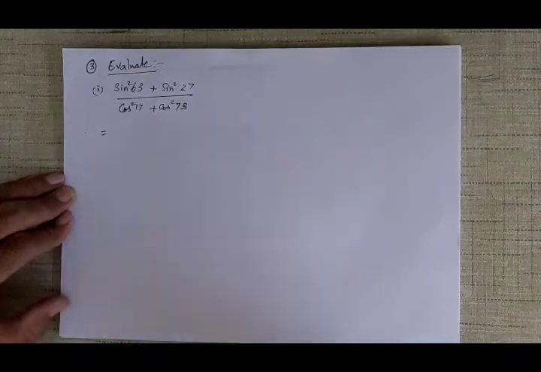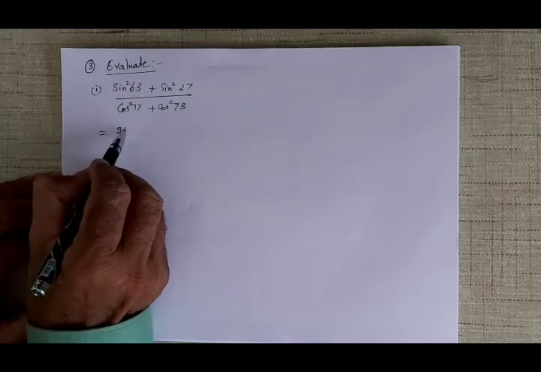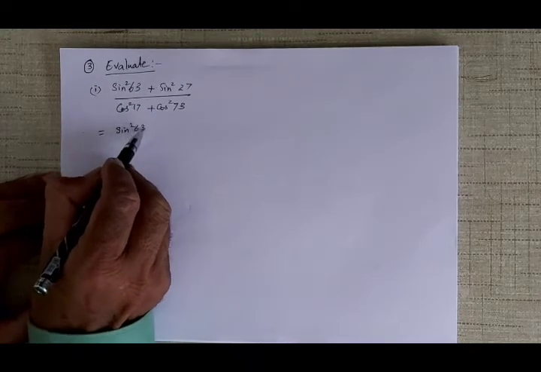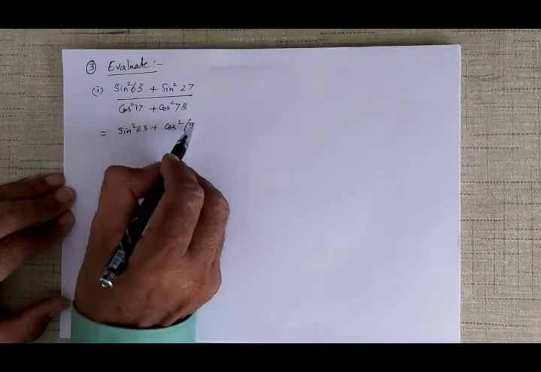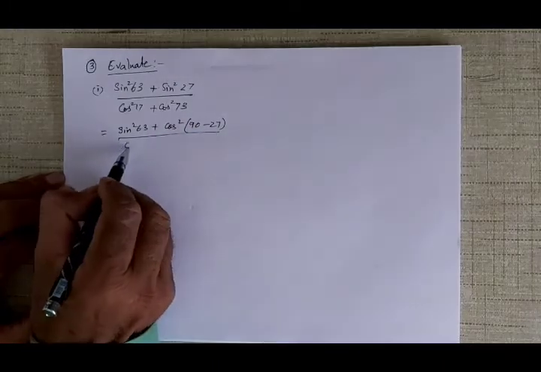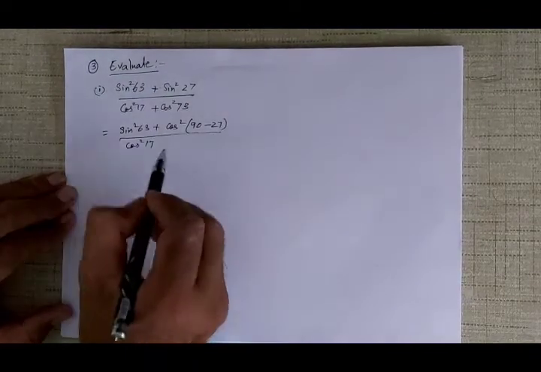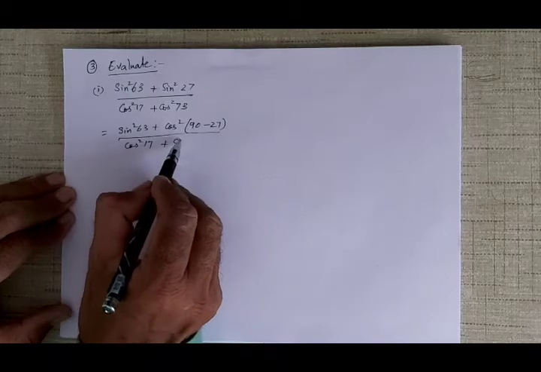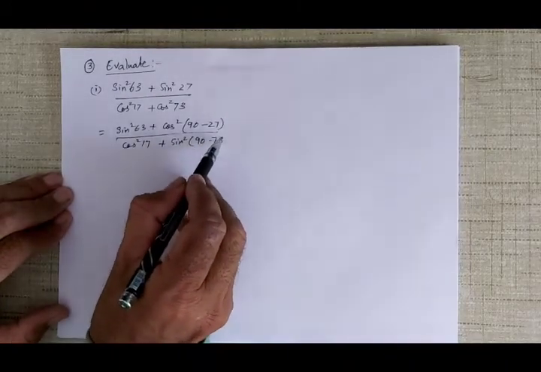Trigonometric ratios of complementary angles. So in this case, remember, you must change only one. Don't change both. This can be written as cos square 90 minus 27 upon cos square 17, plus sine square 90 minus 73.